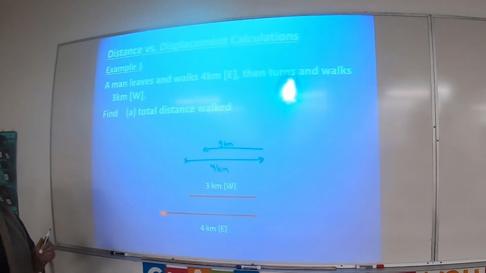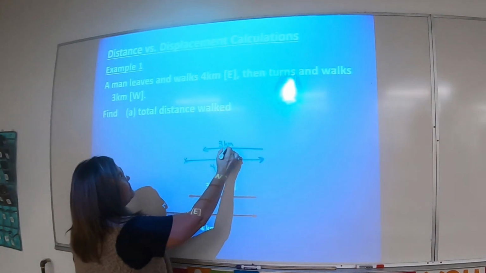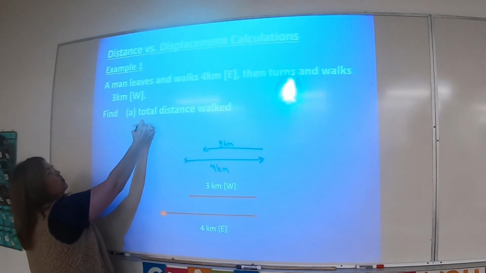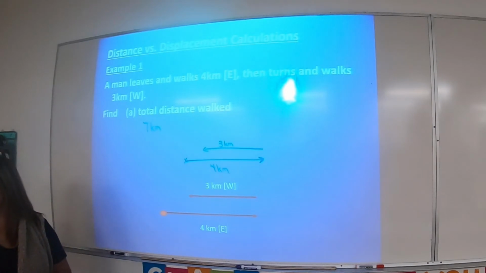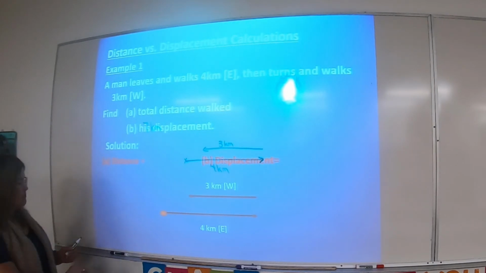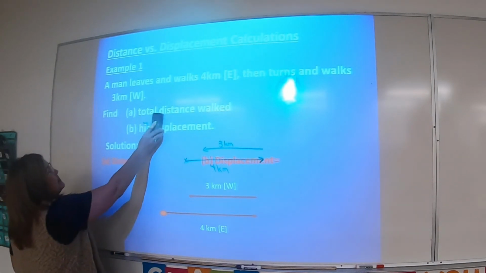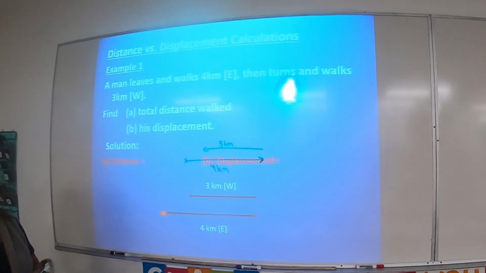Then find the total distance traveled. Well, he went 4 and then 3 kilometers, so the total distance would be 7 kilometers. No direction. And then we're looking for his displacement. Displacement is the straight line segment from beginning to end.